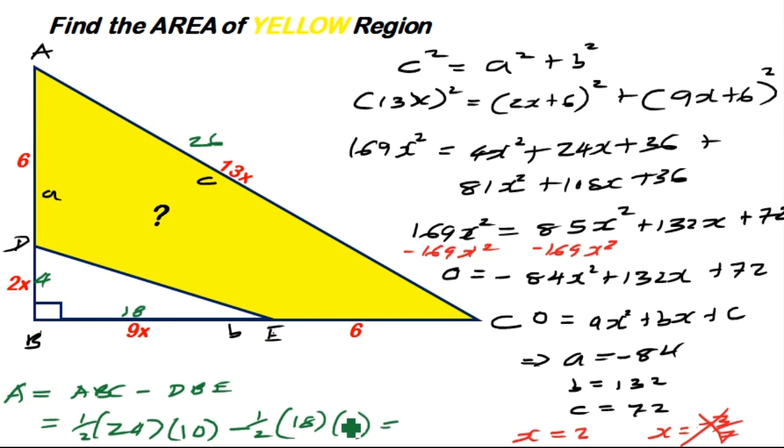So if you work that out, what do you get? A half of 24 times 10 is going to be 120. Then a half of 18 times 4 is going to be 36.